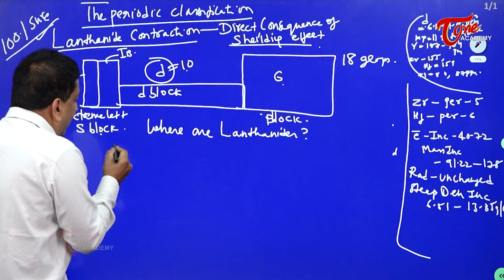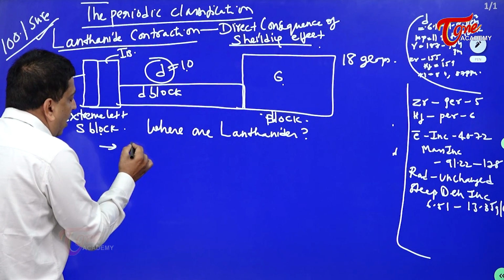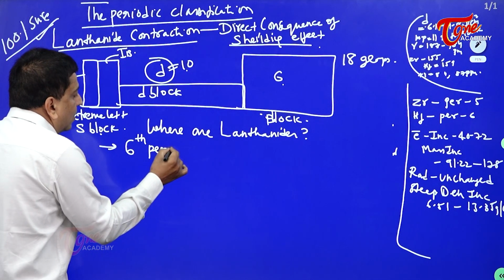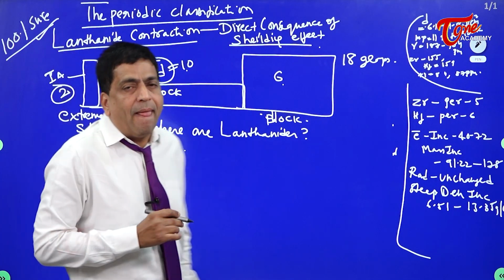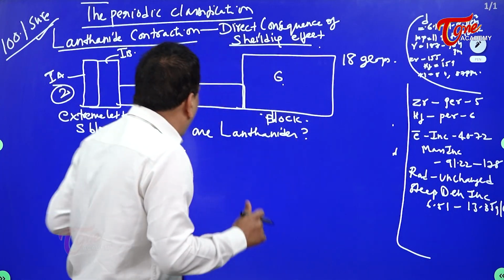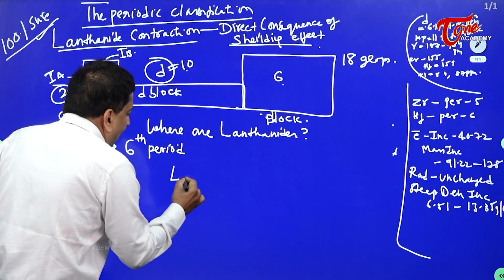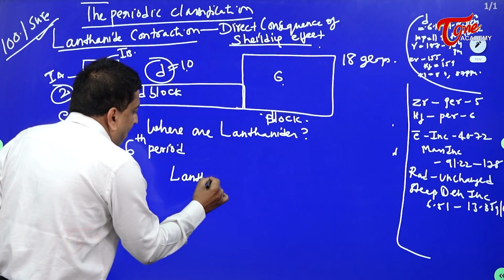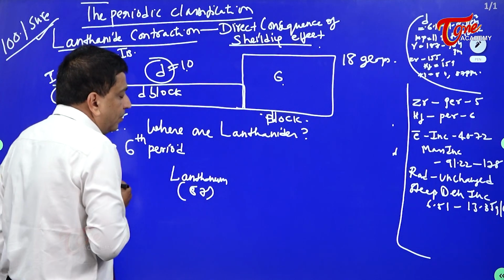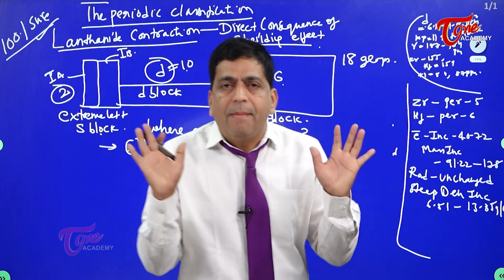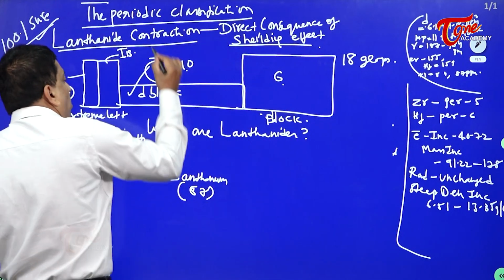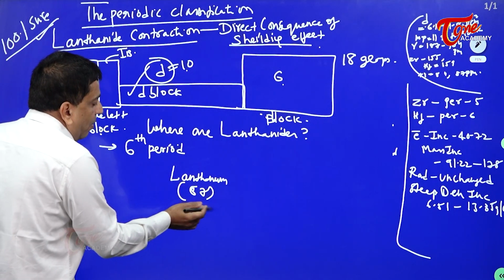Now the lanthanides actually start in the 6th period. You must understand that. And remember, in the 6th period, there is lanthanum, which has the atomic number 57.